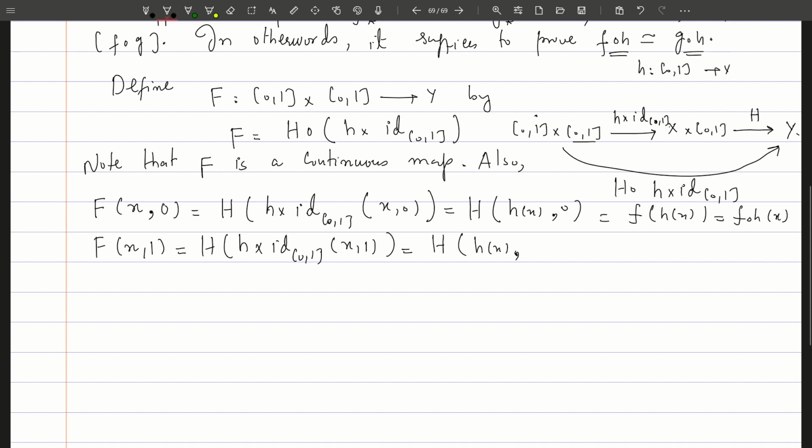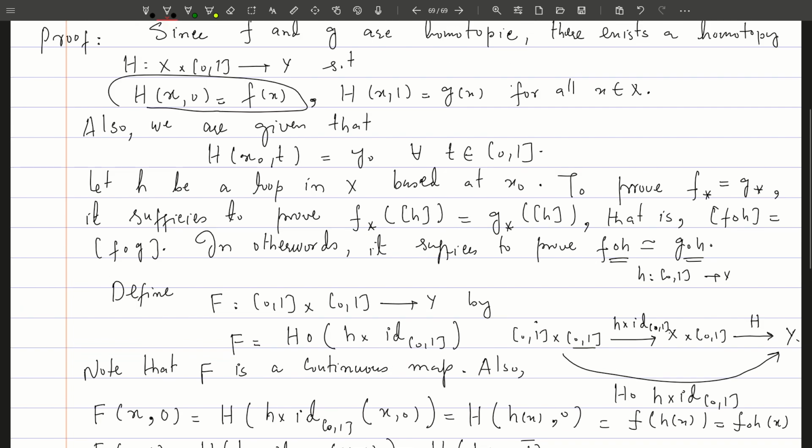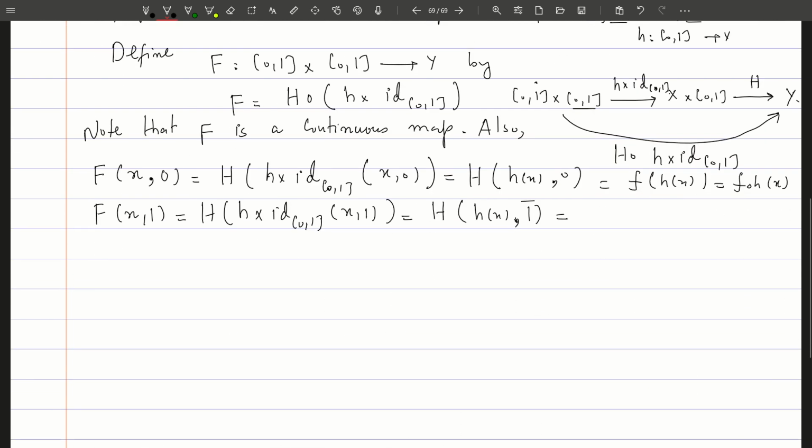So this is the same as g composite h, because when we have 1 here, we get G of h(x). So this is g composite h of x.